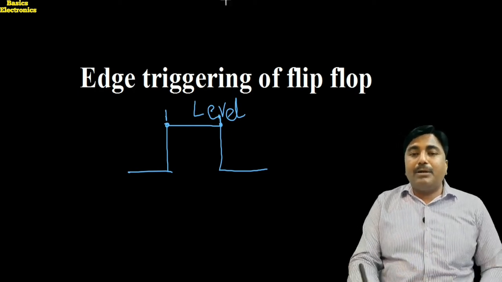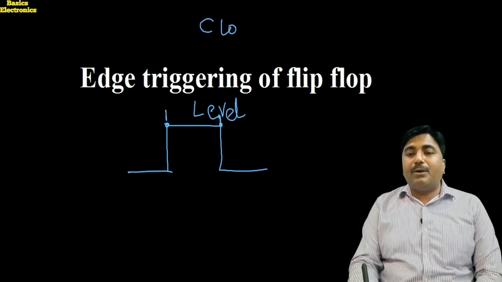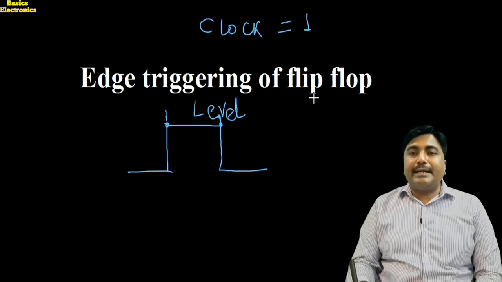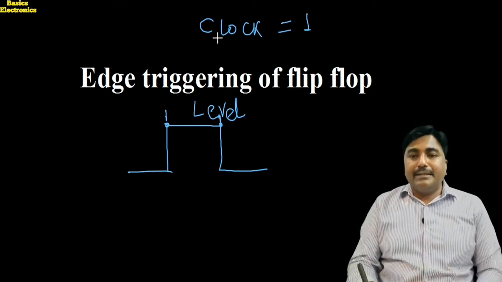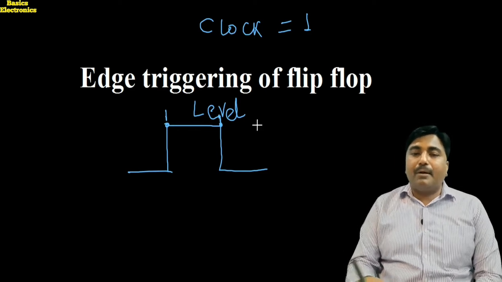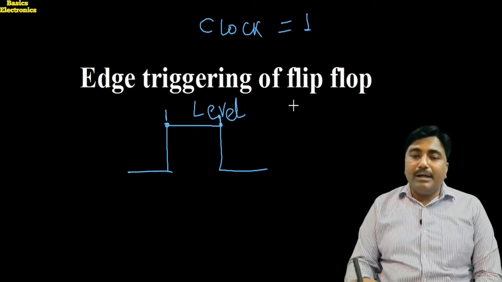When the clock pulse is equal to 1, or we can say there is a high time, during this high time, however long it is, there is a change in the output of the flip-flop. That is what we call level triggering.